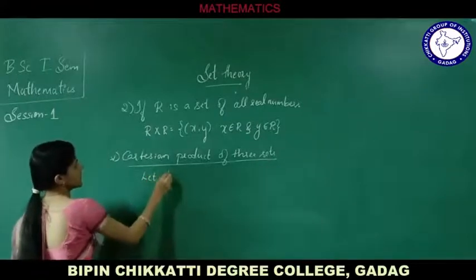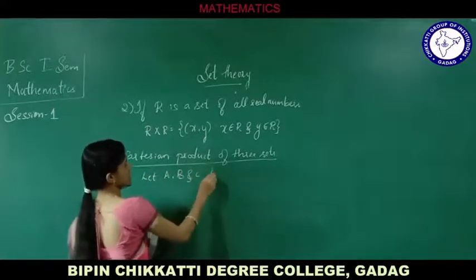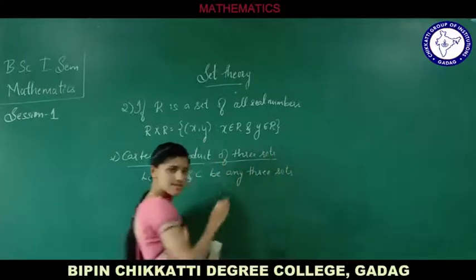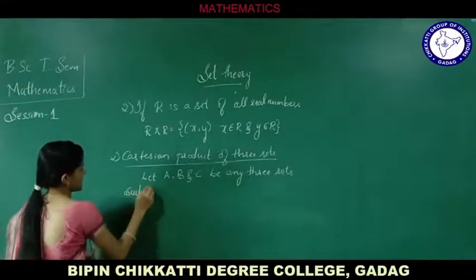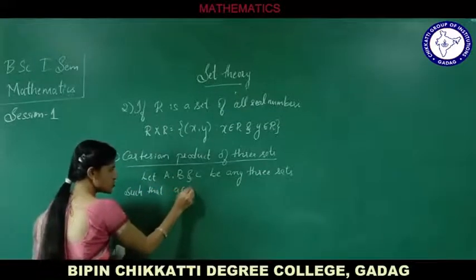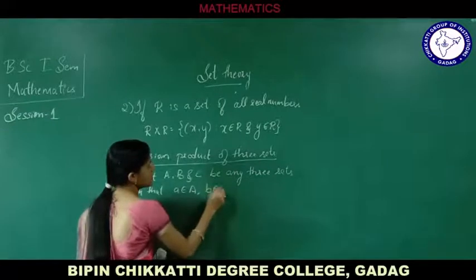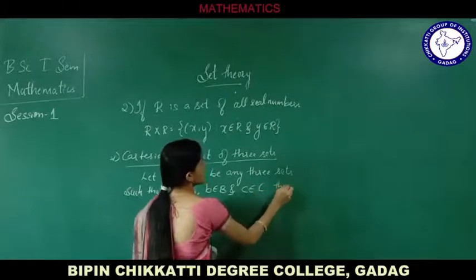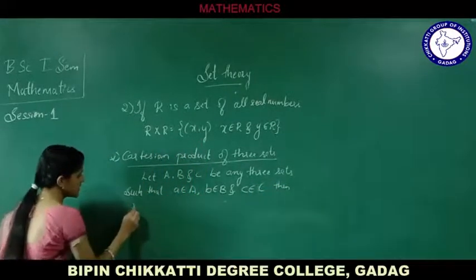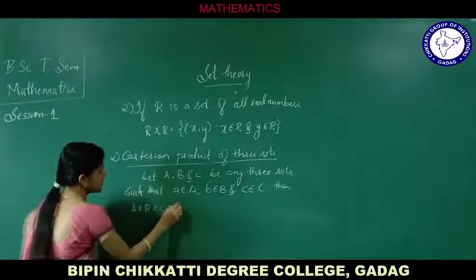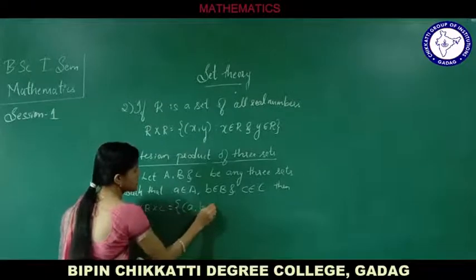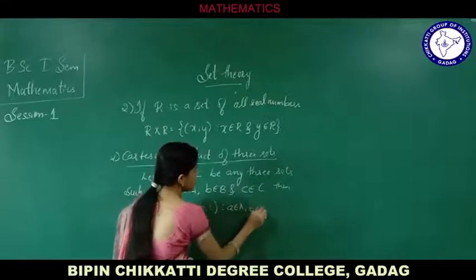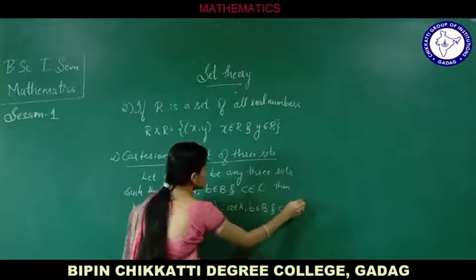Let A, B and C be any 3 sets, such that a belongs to A, b belongs to B and c belongs to C. Then the Cartesian product of 3 sets, A cross B cross C, will be equal to the set of (a, b, c) such that a belongs to A, b belongs to B and c belongs to C.